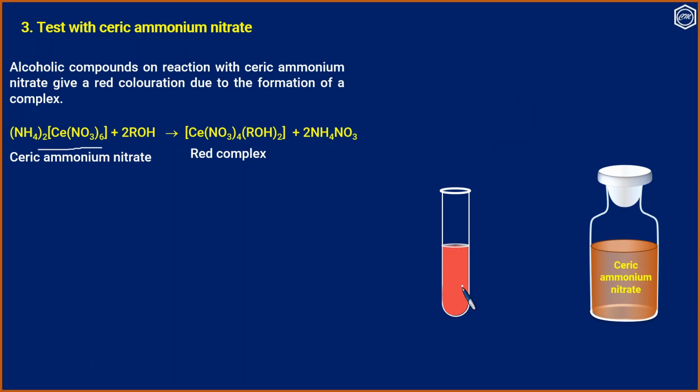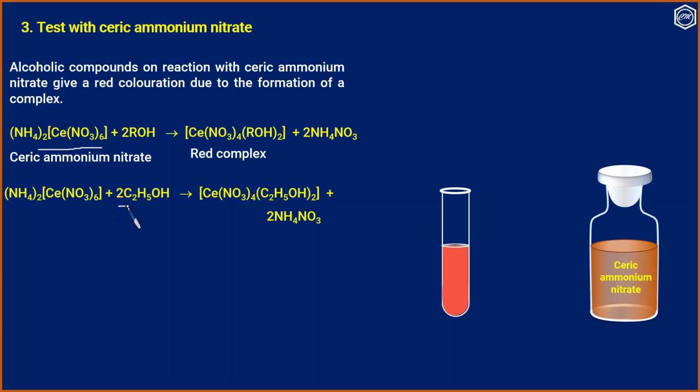Appearance of a red color shows the presence of a hydroxyl group. An example is if you take ethanol, and this is the complex that is formed, and this complex shows red color.